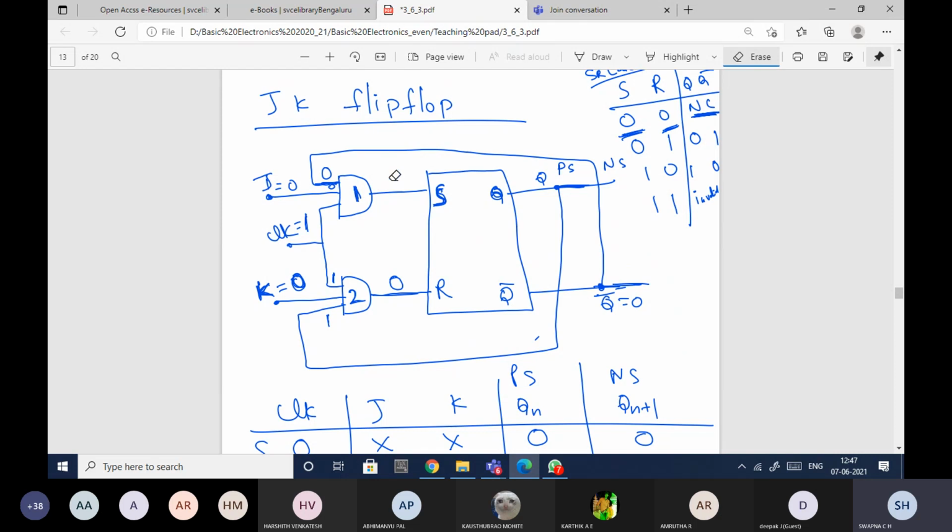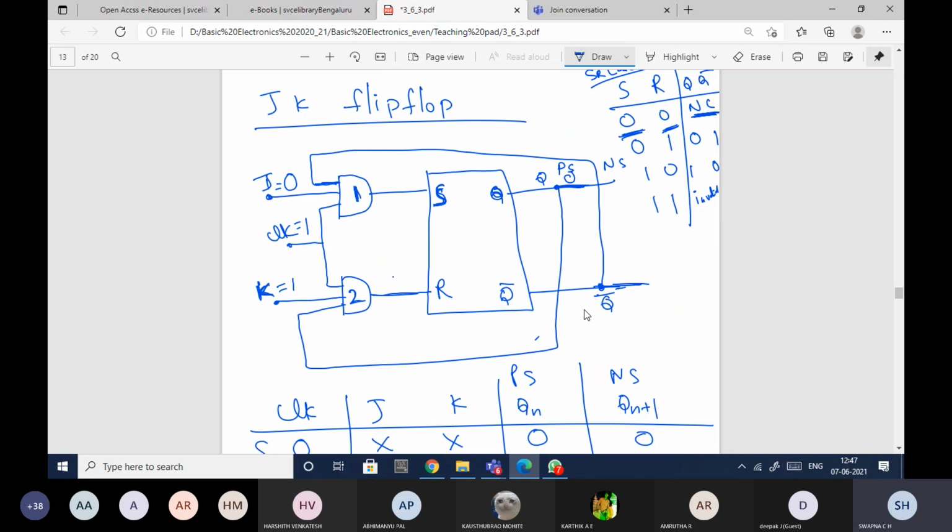Let me erase everything. Clock is equal to 1, J is equal to 0 and K is equal to 1, and the present state is 0. Okay, in this case again I need to analyze.